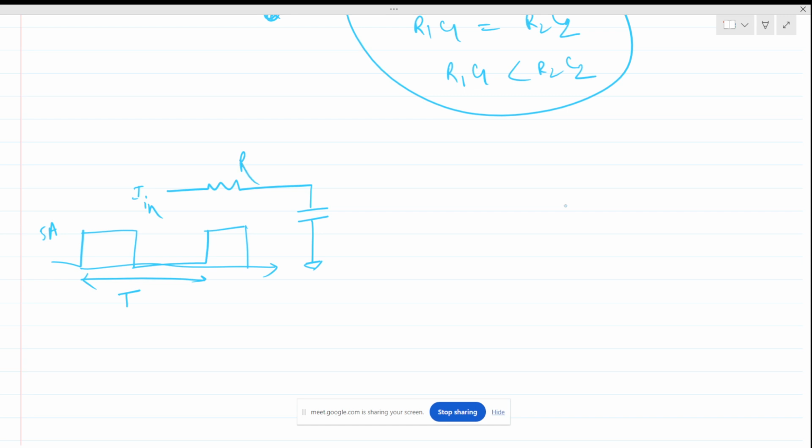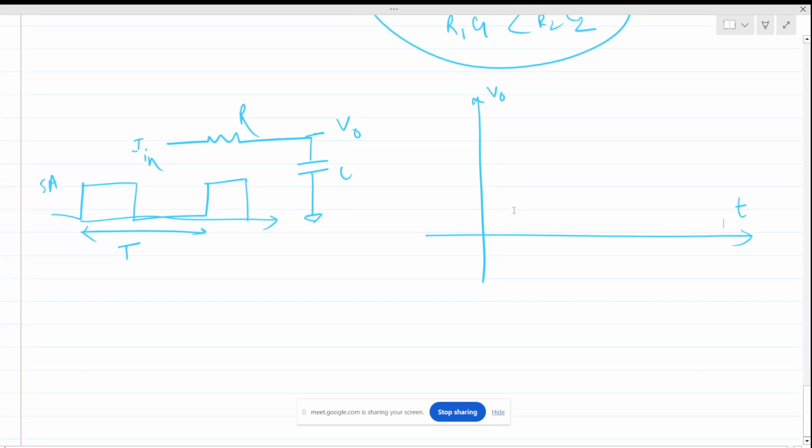This is RC, and we have to plot the Vout versus time. So what will be your approach? Can anyone tell something? How can we go for the solution? Let's say the analysis should start from t equals 0 plus, right?